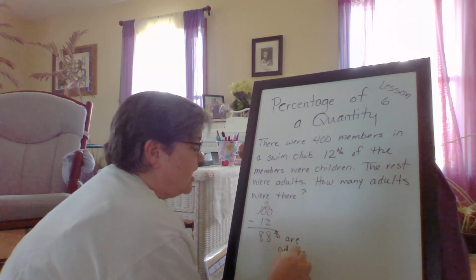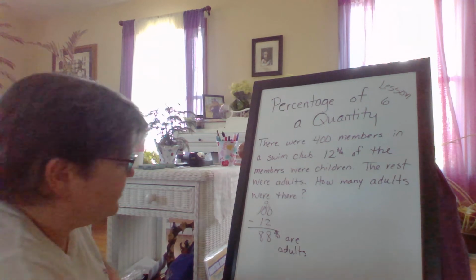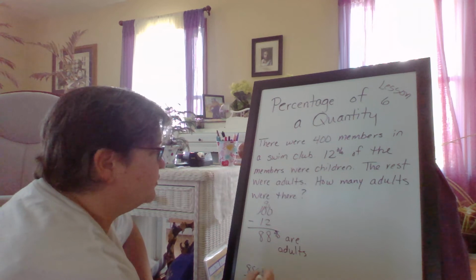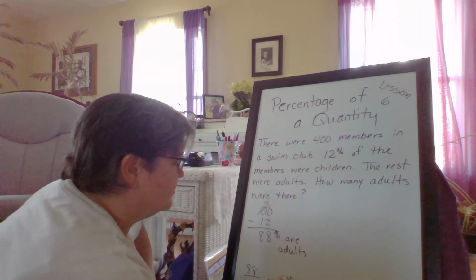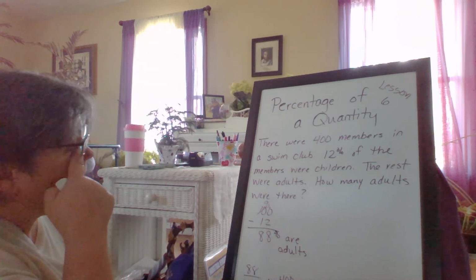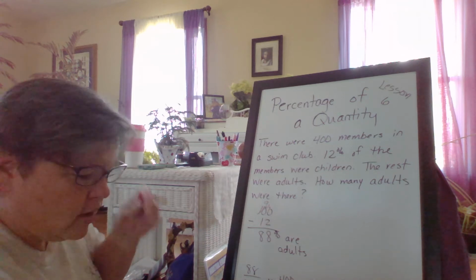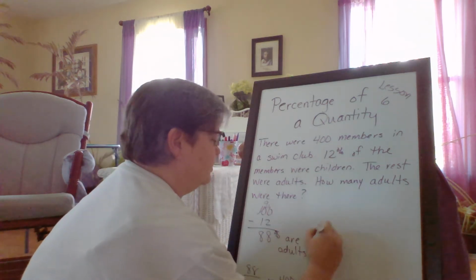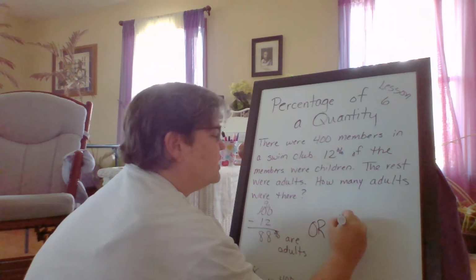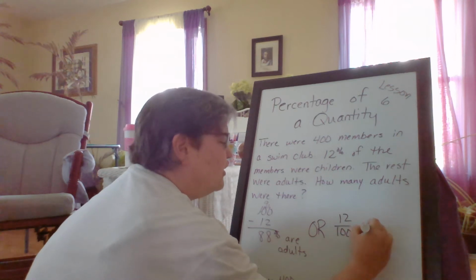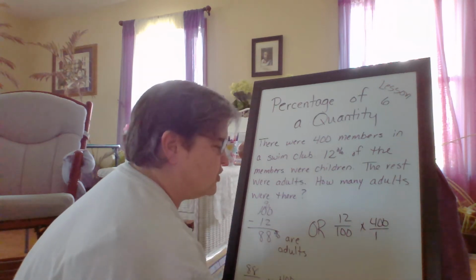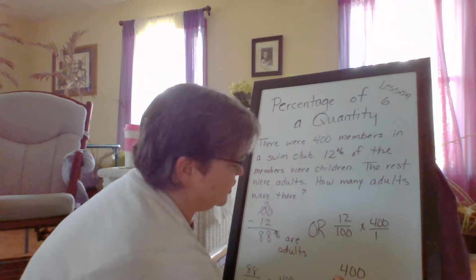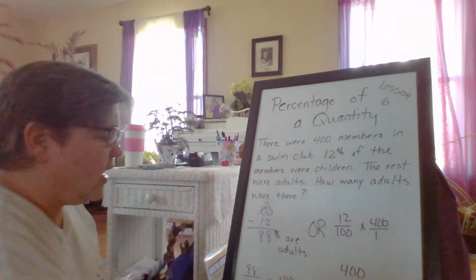So if I know that 88% are adults, then all I have to do is find 88% of 400. Or I could find 12% of 400, which is the children, and then subtract whatever that is from 400. So we're going to do both ways.